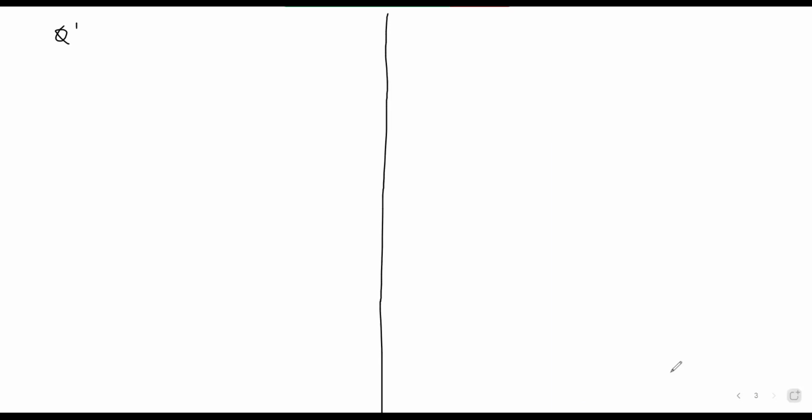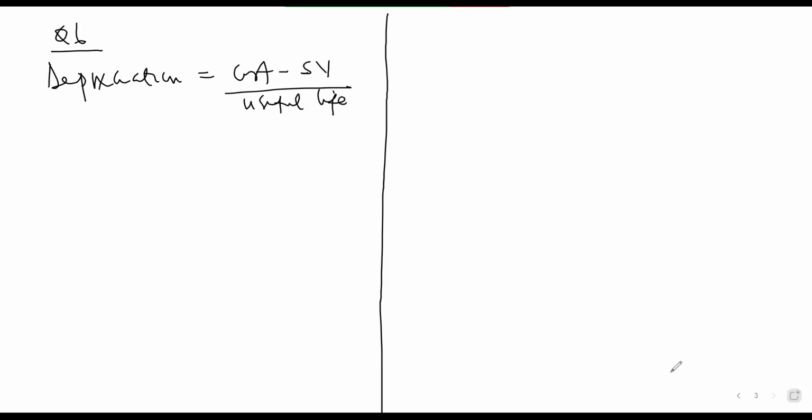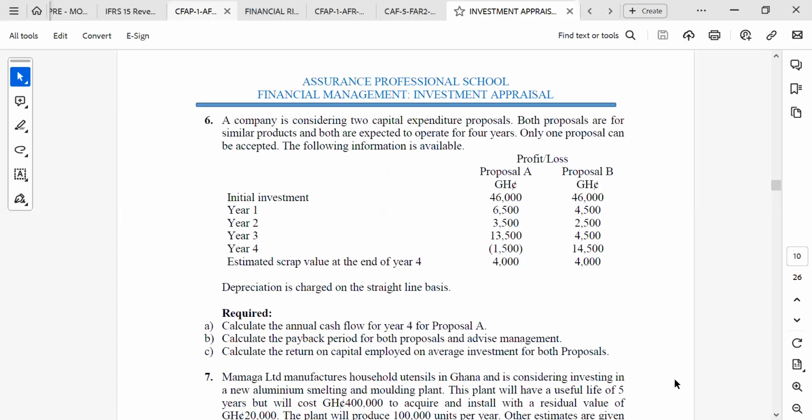So let's come to question 6. So let's find the depreciation for each of the proposals. Okay, depreciation will be calculated as cost minus the scrap value divided by the useful life. If nothing is said, we use what? The straight line method. Let's see whether the question is saying that they are using straight line method. So depreciation is charged on a straight line basis.